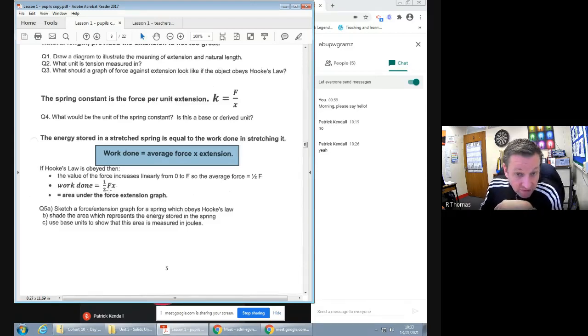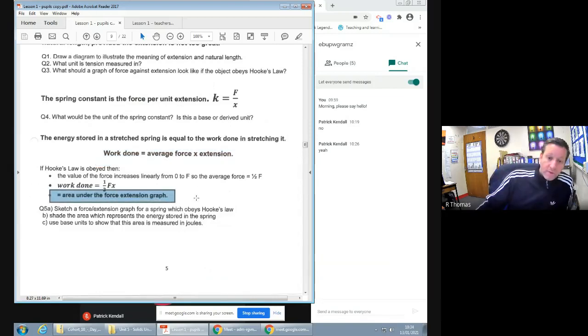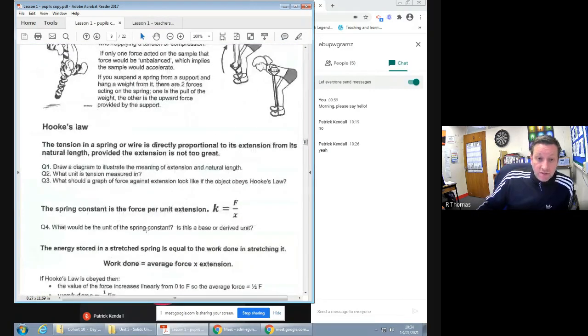Substituting in F equals kx will give you a half kx squared. A half the base times the height. That's the area under the graph. Okay? You're going to need to know that, and you're going to need to practice those calculations.